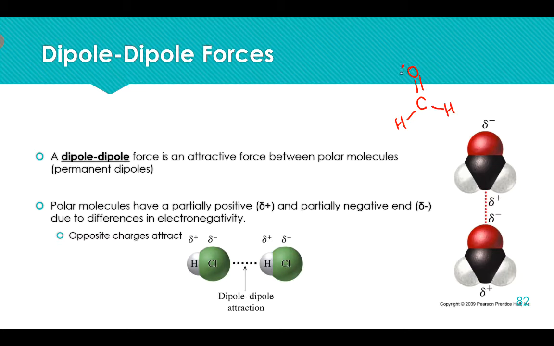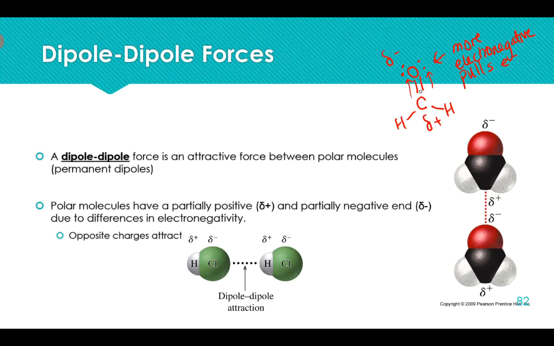The oxygen here is more electronegative than the carbon. And that means it's going to pull all the electrons towards it. So it's pulling electrons towards it. And that's going to make the oxygen more negative and the carbon more positive.